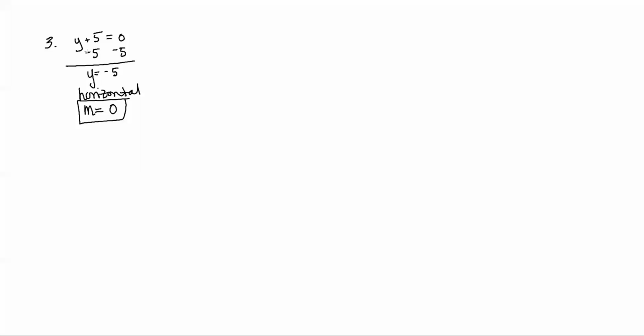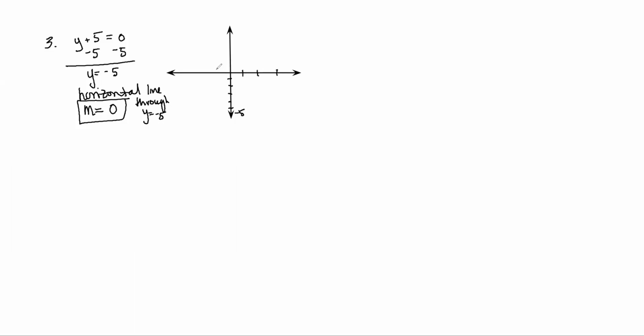And if we go ahead and graph this, it's also really nice. We're going to have a horizontal line through y equals -5. So what I'm going to do is make sure we go down -5. 1, 2, 3, 4, 5. Just about fit there.